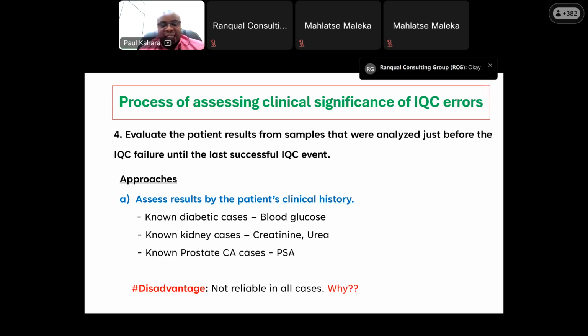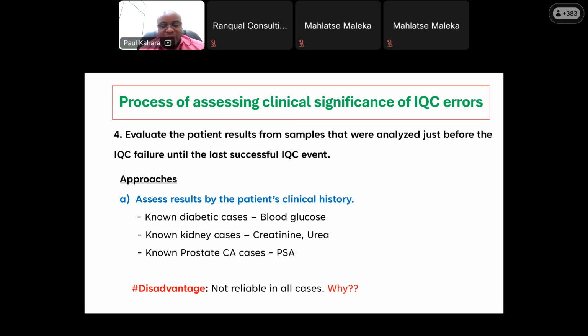What we are saying here is, even though you are going to establish the root cause for today's problem, why the IQC failed, and you go ahead and initiate correction and corrective action, that is not the end. We are saying you have to go some steps backwards until when the IQC was passing.